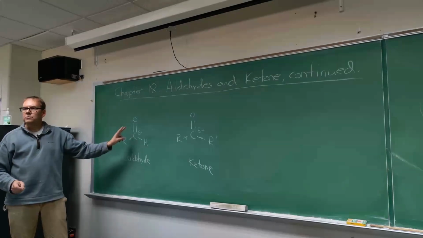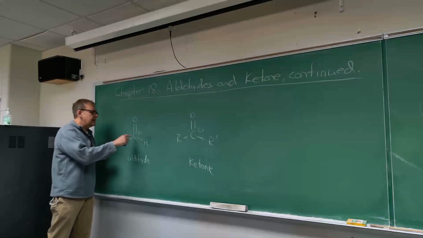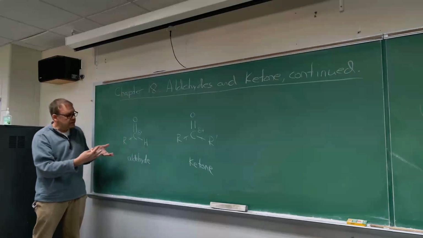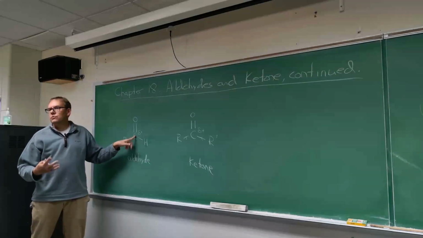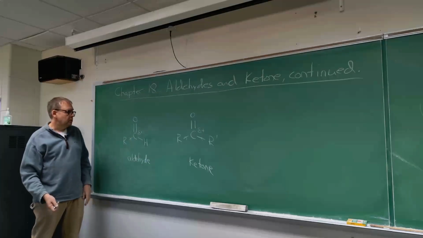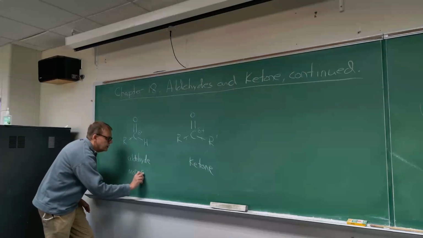Those two factors make aldehydes more reactive. It's easier for a nucleophile to come in and attack because there's not two R groups. It's more accessible sterically, but also that carbonyl has a more substantial partial positive charge, so it's more attractive for a nucleophile, which is either negative or partially negative. So these are more reactive generally.